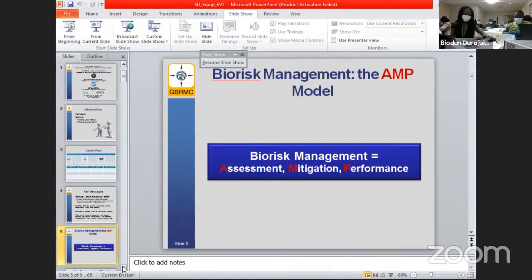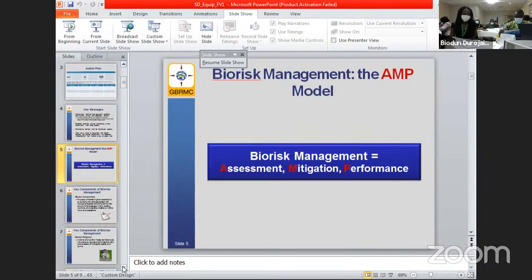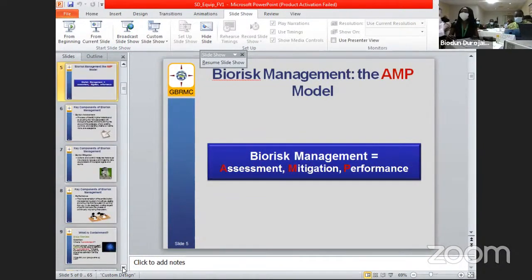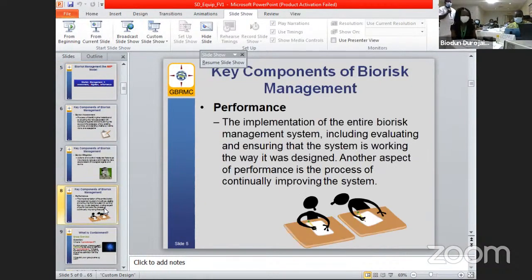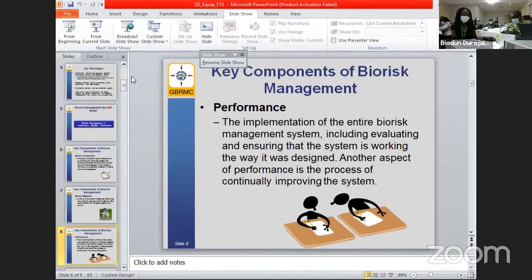And what we want to do now is to underscore the point that one of the aspects of mitigation is actually containment. It is key to mitigation. And this is a primary purpose that engineering control achieves.